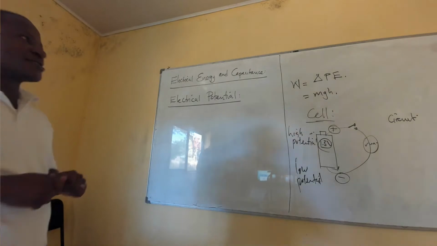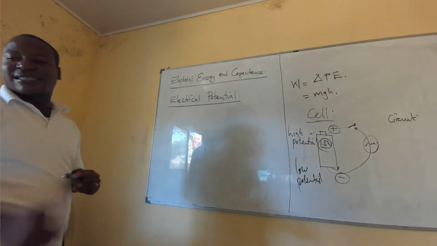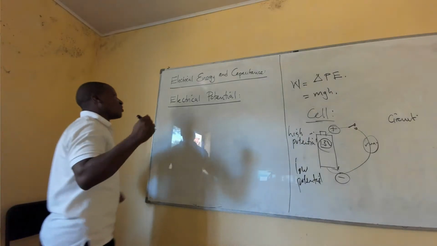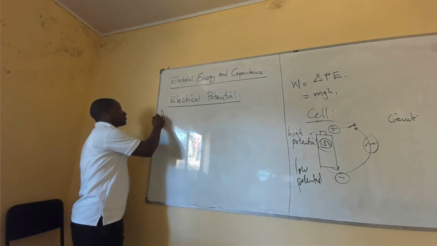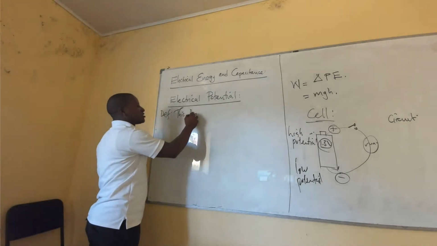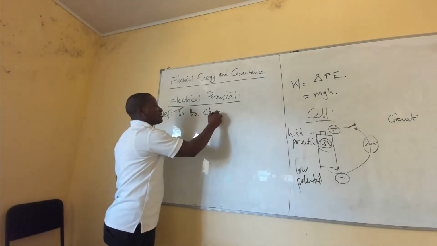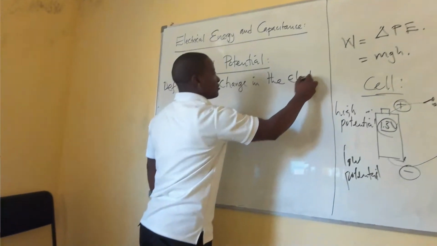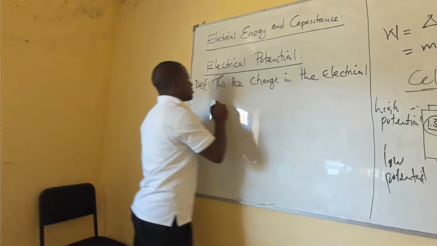So this electric potential is actually the change in electrical potential energy. This is how you define it. So this is the change in the electrical potential energy.